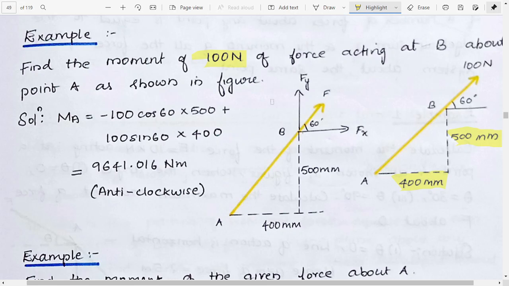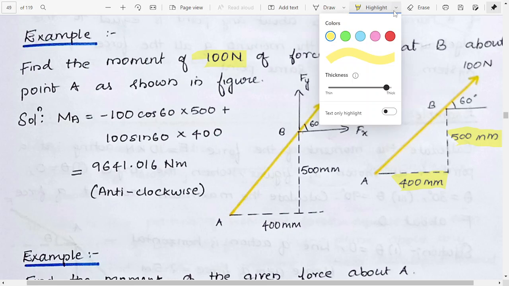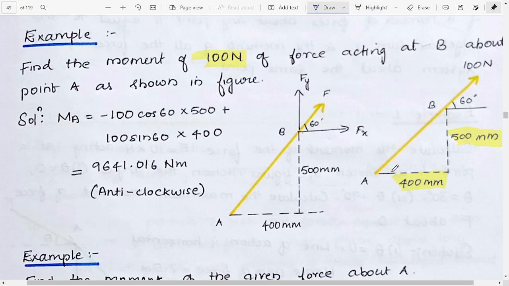So if you are given something like this, for finding the moment of the 100 unit of force, we need to convert that force into two directions. Why we are doing this is because the force is not in this same direction. There is a mistake here.